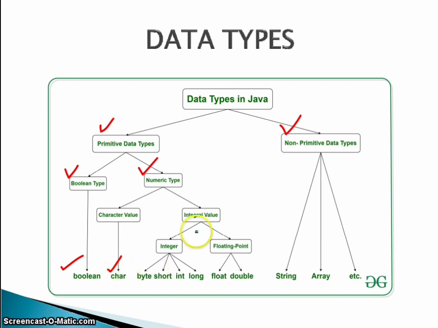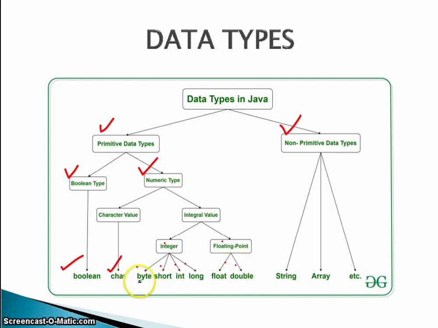Now integral values are divided into two parts, that is integers and floating points. Integers are divided into four parts, that is byte, short, int, long, and floating points are divided into two parts, that is float and double.